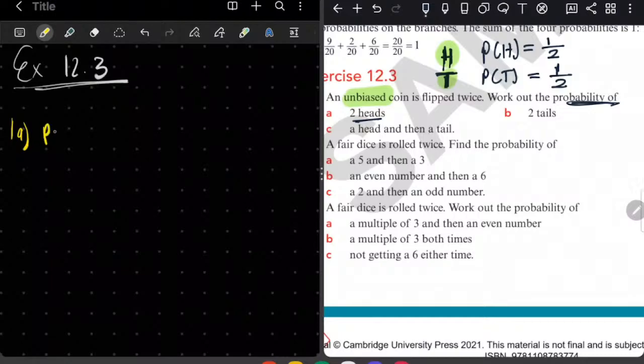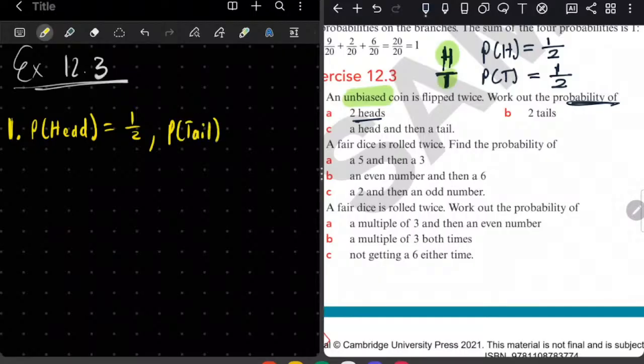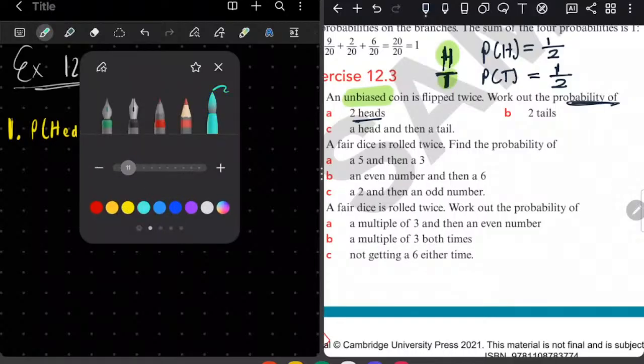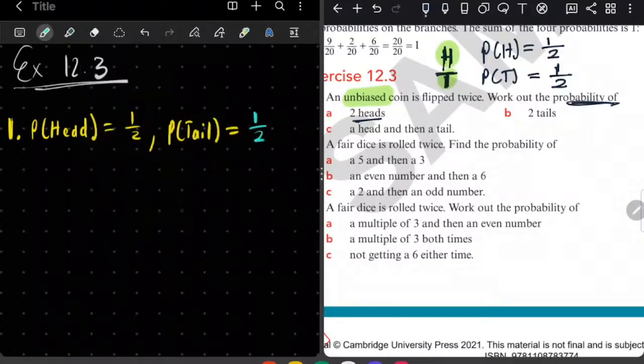Before you do, when you see unbiased coin, write right away probability of head is equal to half. Then probability of tail is equal to half. Vic, are you with me? You are now a bit quiet. I'm now worried.